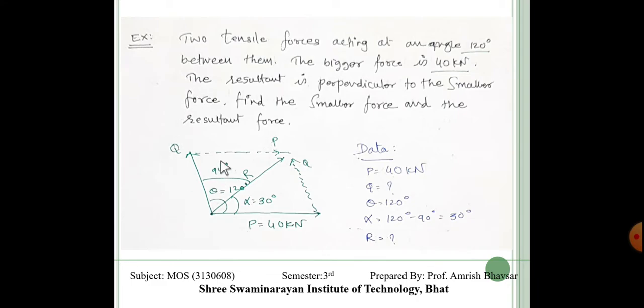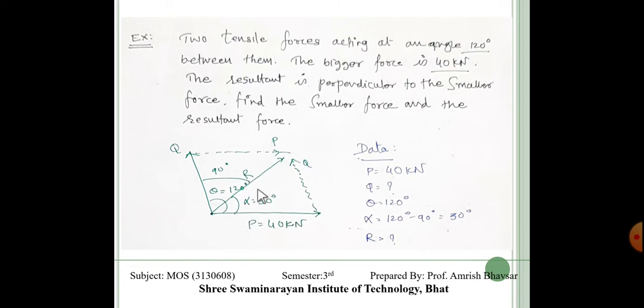Here two tensile forces, that is P and Q. The bigger force is 40 kilonewton and the resultant is perpendicular to the smaller force. So here it is 90. Right? The angle between the two forces is 120 degree. So we will get alpha, that is 30 degree.